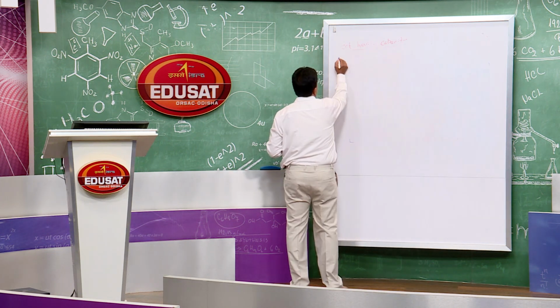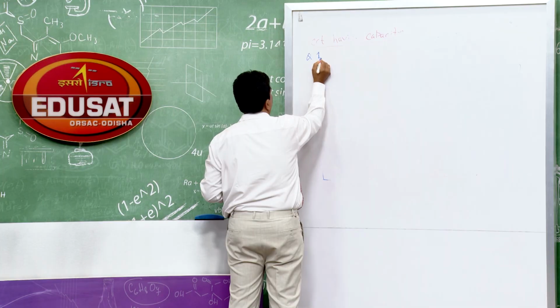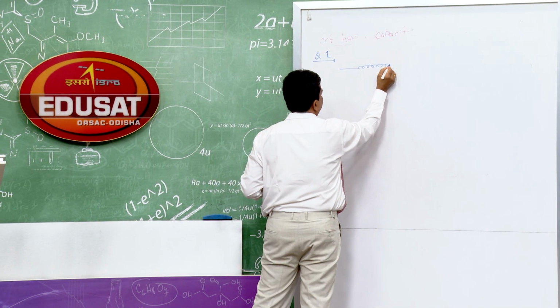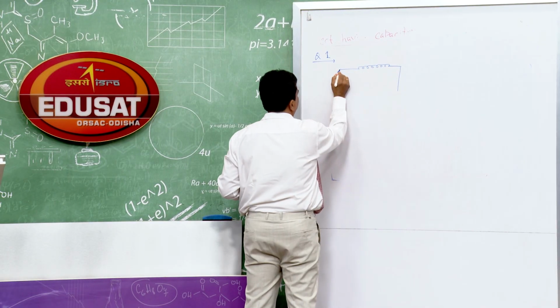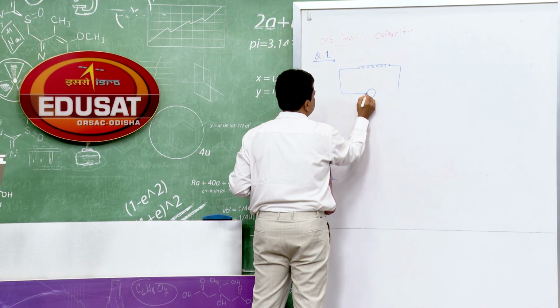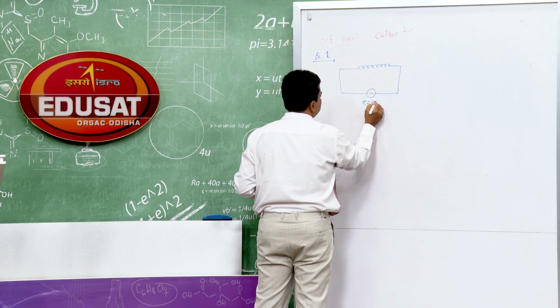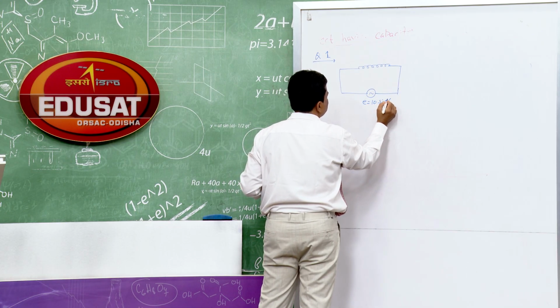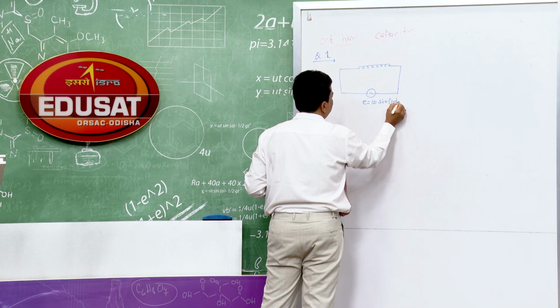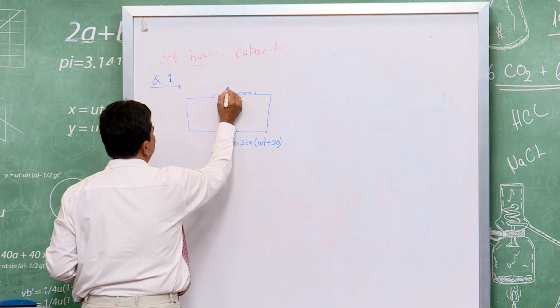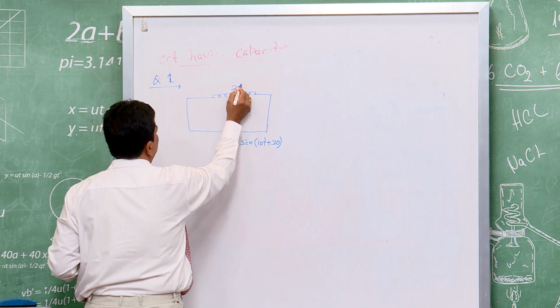Suppose your question number 1. An inductor is provided with an alternating source of E equals 10 sin(10t plus 30), and this is an inductor of 2 henry.